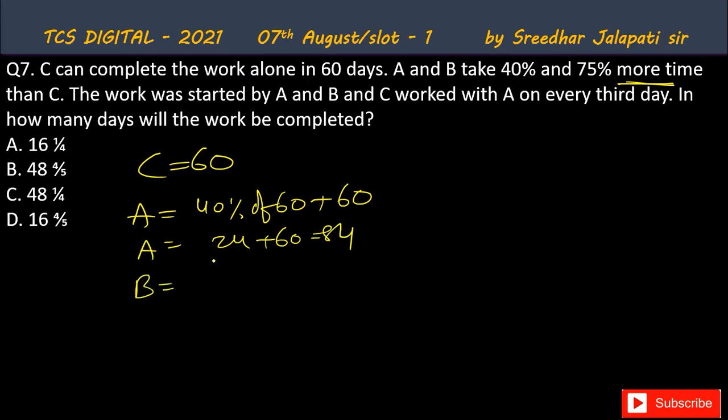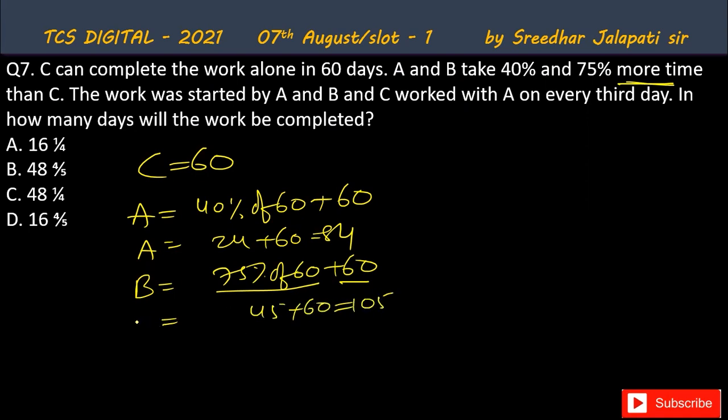Whereas B takes 75% more than what C takes. So 75% of 60 is 45, plus 60, which is 105. That means B takes 105 days. So A takes 84 days, B takes 105 days, and C takes 60 days.